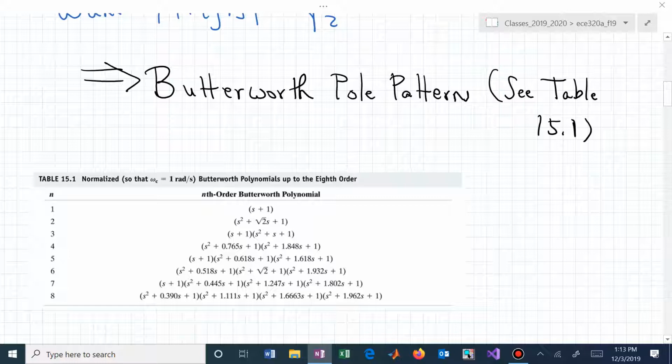If you want a first order, it's what we expected, s plus 1. Otherwise, for a second order, it's not this. It's not that, is it?